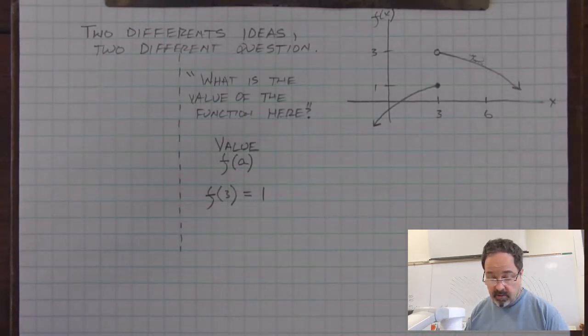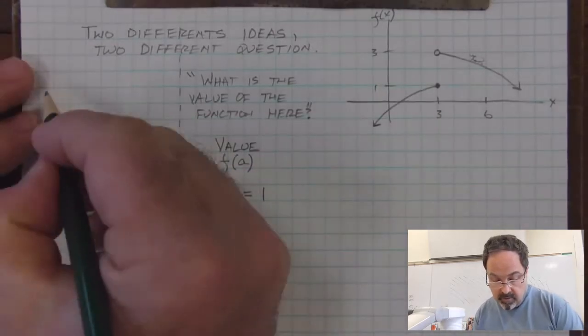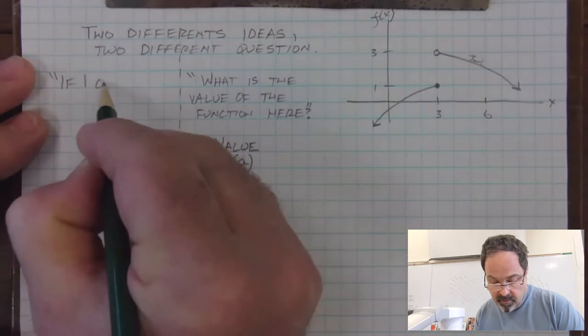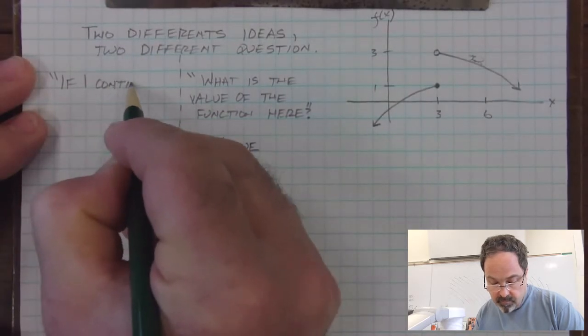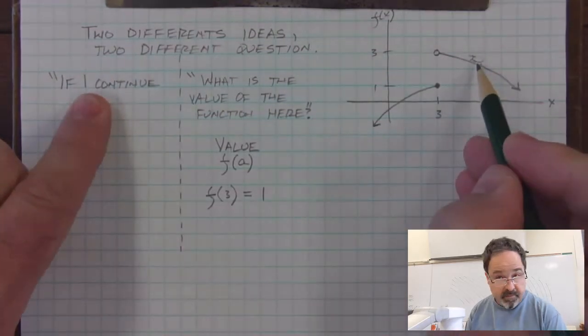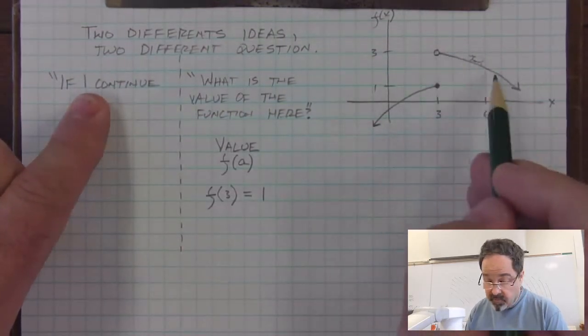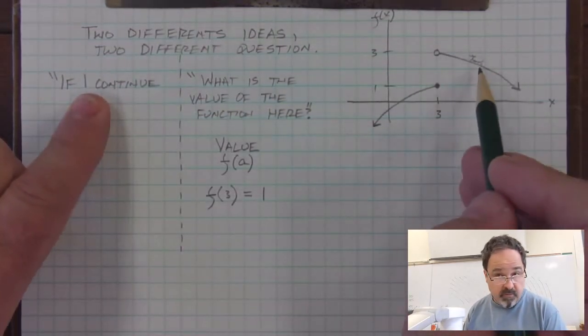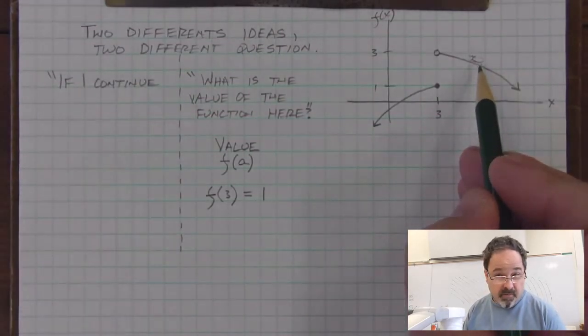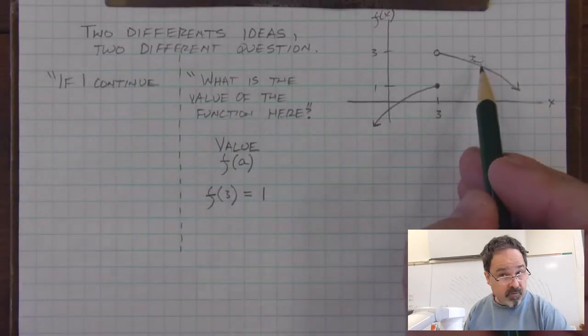But there is a separate and distinct new question with a new idea and a new concept. We could think, if I continue, and of course we're going to word this as if we're a bug that can think about the position of the function and the changes of the function. And this idea of thinking about these questions as a bug on the function is not new.